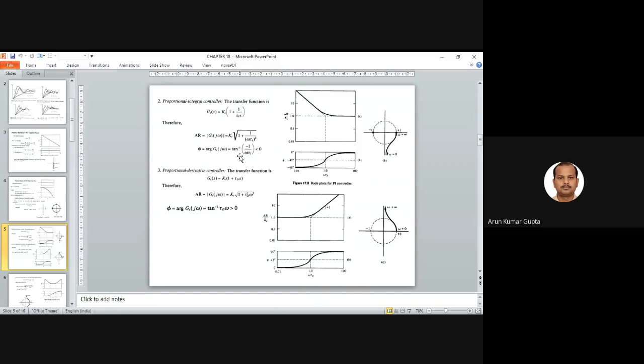The phase angle will be similar: when this is 0, this is minus infinite, so it will be minus 90. Minus 90 means somewhere at this line, and when it's infinite, meaning 0, it will be at this line. So the graph will go like this.